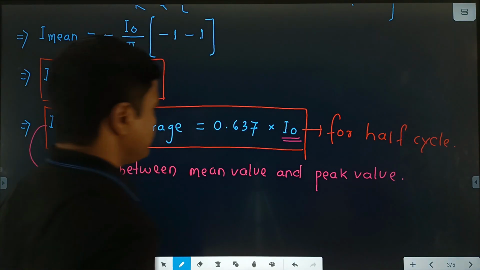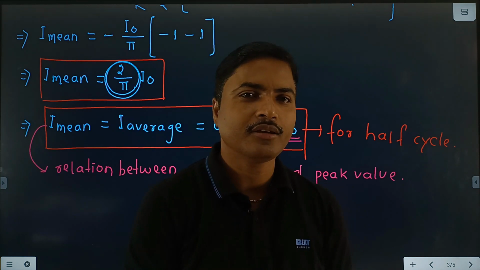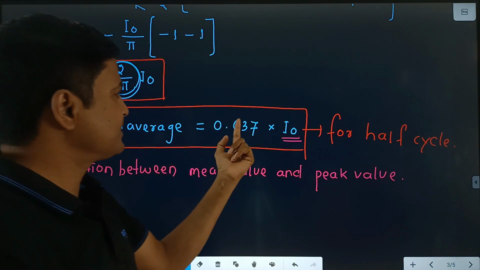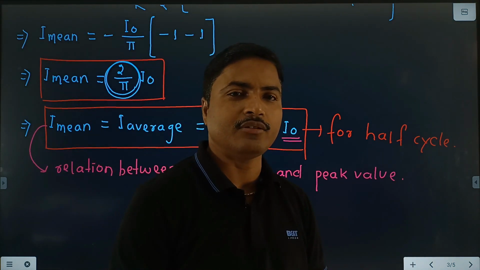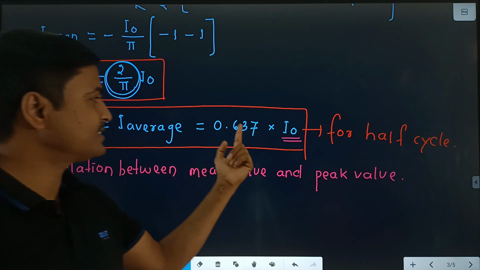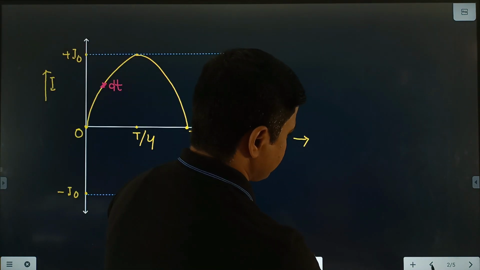That means for half cycle we get the mean value equal to 0.637 times the peak value. Mean value is equal to 0.637 times the peak value, and look at the graph.